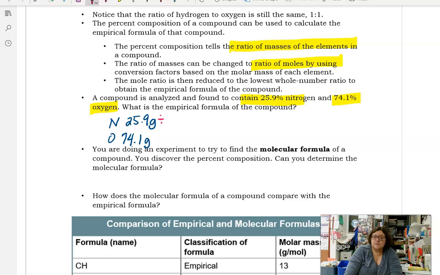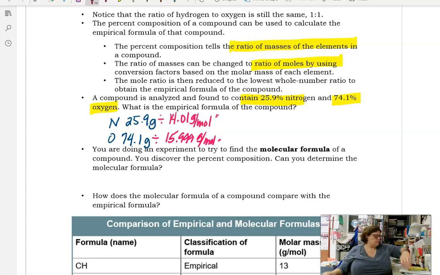I'm not going to use rail fence here simply because I don't have enough room. And then I need a calculator. 25.9 divided by 14.01 gives us 1.85 moles.